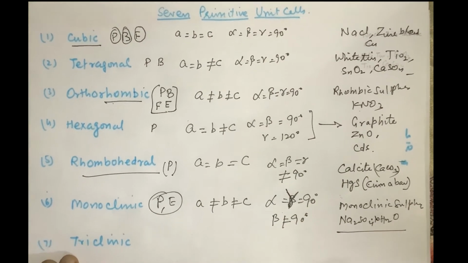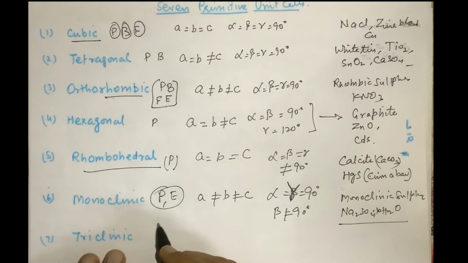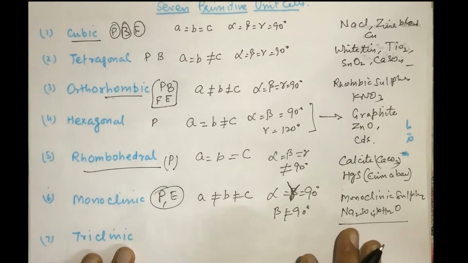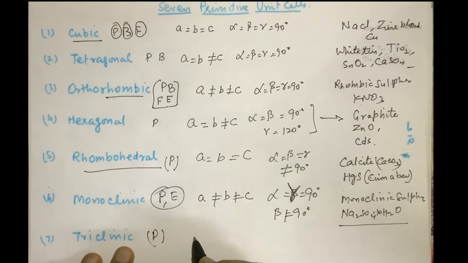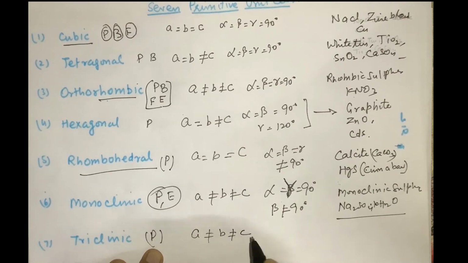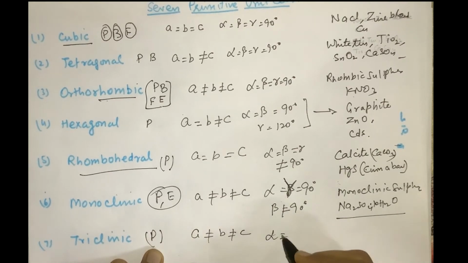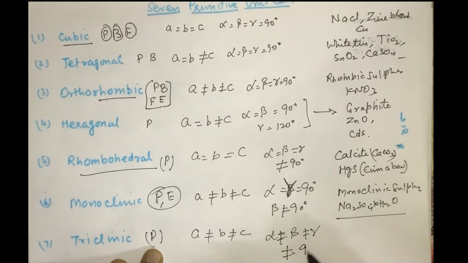These are all given in your NCERT book, so you can see that also. But for learning purpose, I am including it in my video. Triclinic, this is possible only in primitive, and all the three edges are different in length, and alpha is not equal to beta is not equal to gamma.